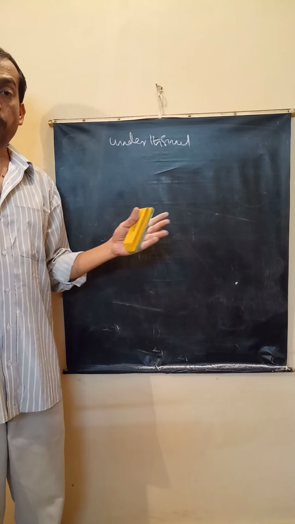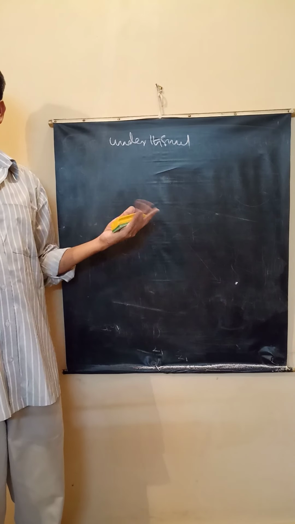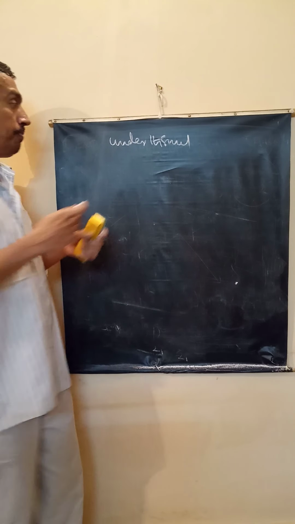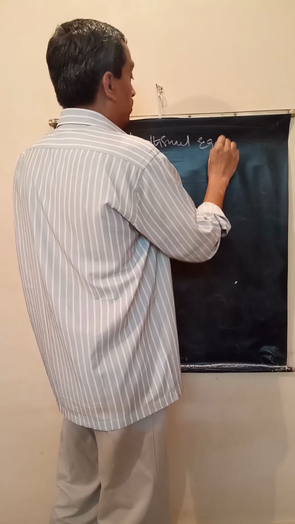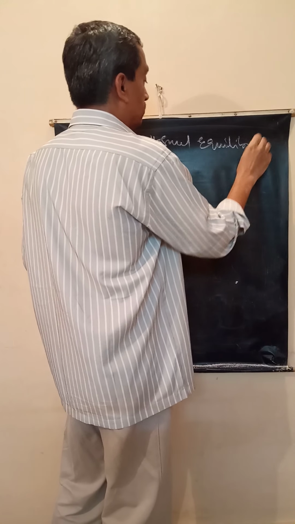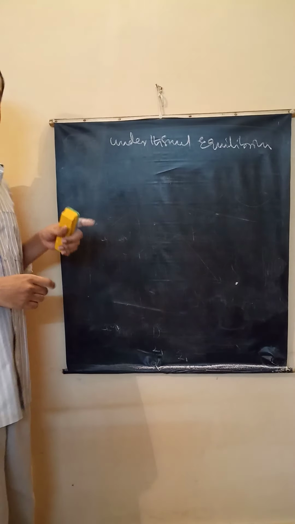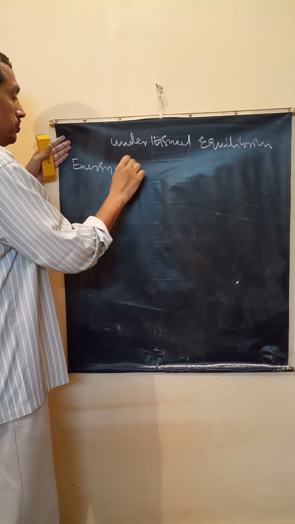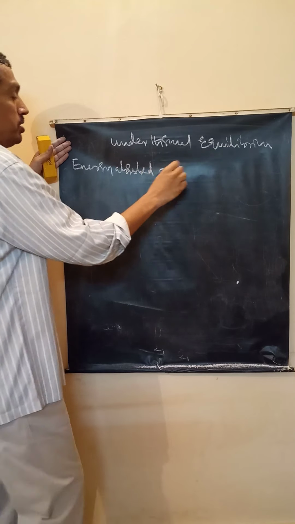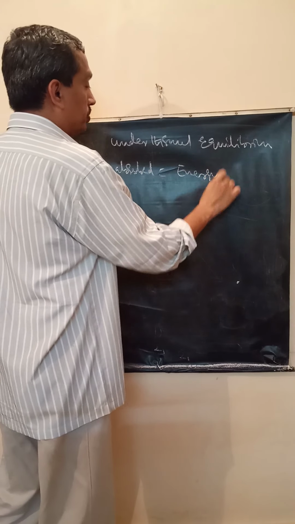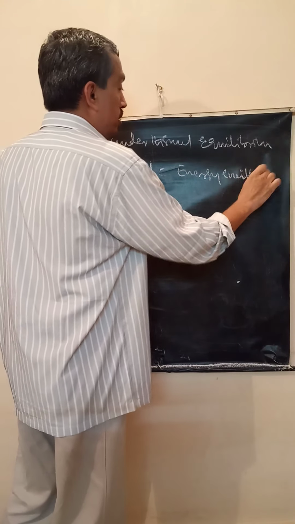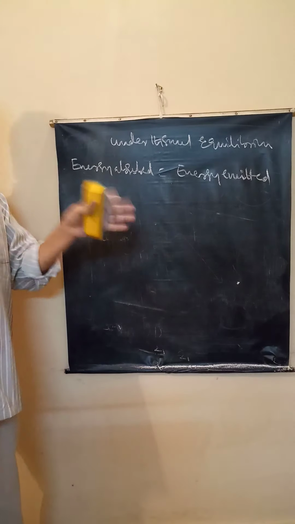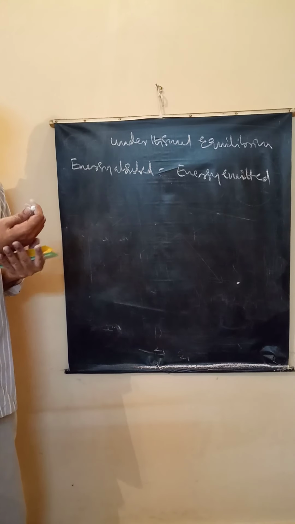Input and output will be related through a constant relationship, right? So under thermal equilibrium, energy absorbed is equal to energy emitted. Energy emission is by two processes, spontaneous and stimulated. Energy absorbed is one, induced absorption.